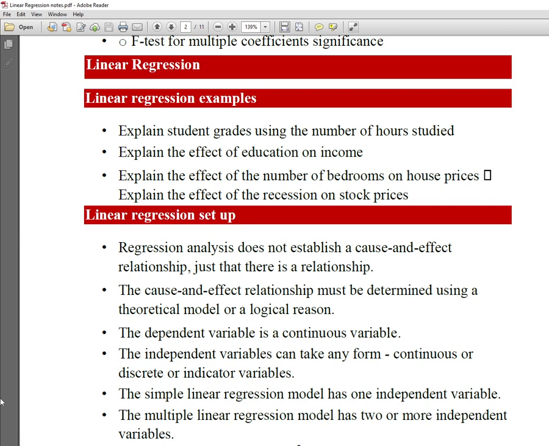We agree that the reason why we're doing regression is because correlation does not tell cause and effect. The cause and effect relation must be determined using a theoretical model or a logical reason. What does this mean?